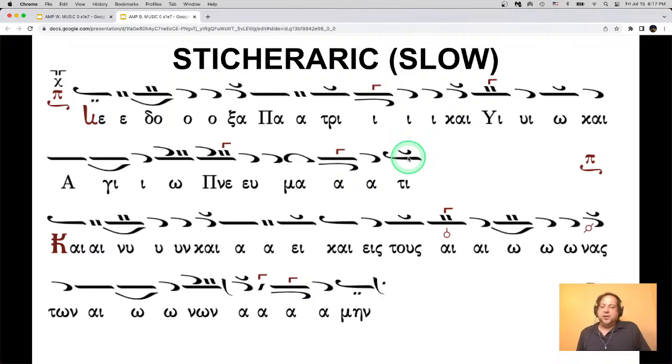Now it sounds probably a little weird to you because, if you are familiar with plagal second at all, most of the time that you're going to do most of these melodies, they're going to have some ornaments built into them that almost everybody does. So it would sound more like this.